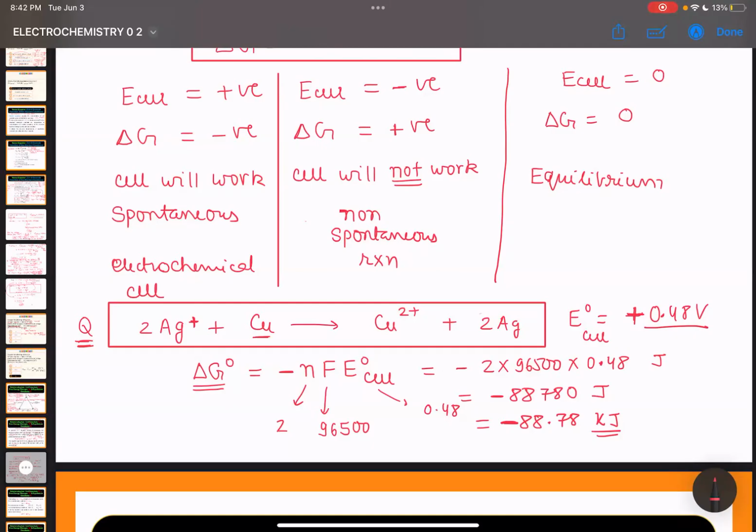That is the point when the reaction stops, or the cell stops. That is the point when the reaction attains equilibrium. Equilibrium means it is happening in the forward and in the backward direction also with the same speed. So there is no net reaction at equilibrium. At equilibrium, delta G is 0. Is it clear?